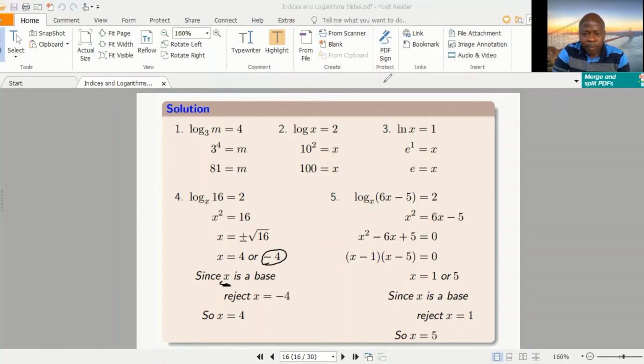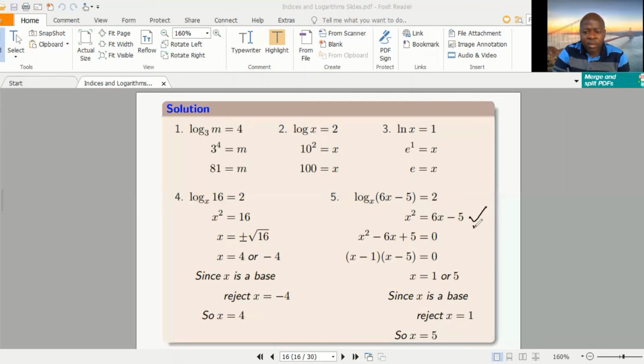Question 5. I've done it. Find x when the log of 6x minus 5 to base x is 2. What I did, I just wrote this in index form. I would have x raised to 2 is 6x minus 5.